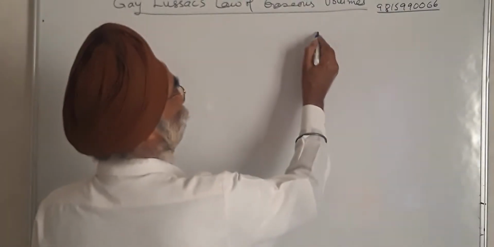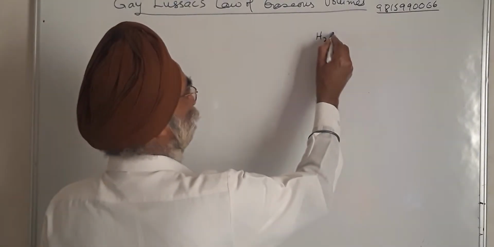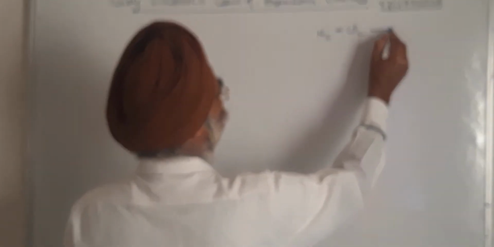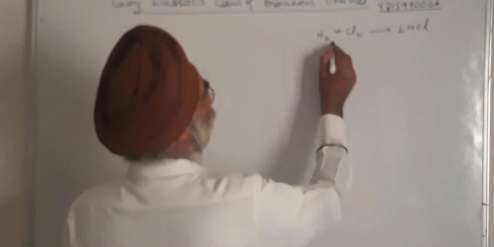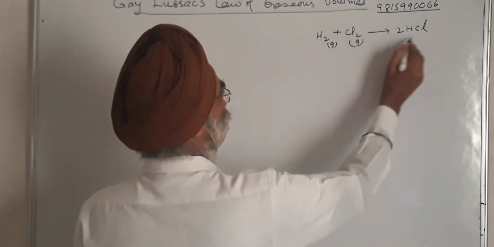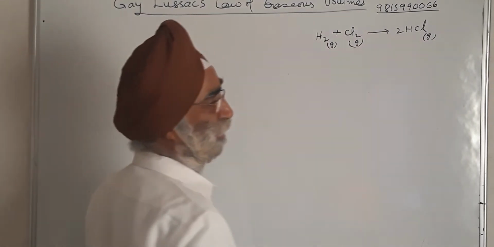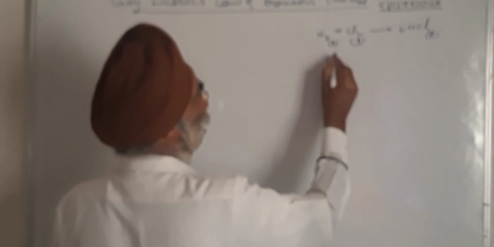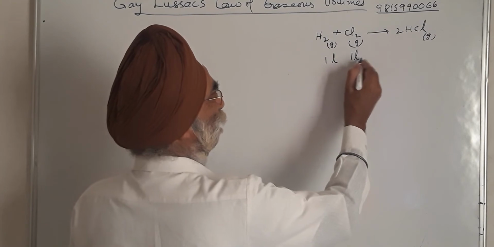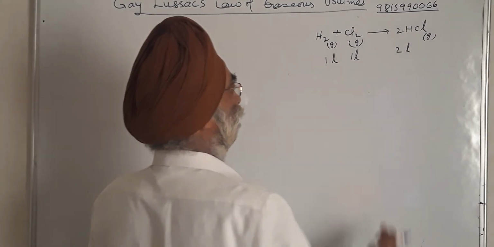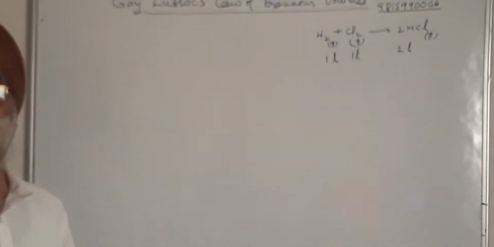We have hydrogen plus chlorine give rise to HCl. It is a balanced chemical equation. Hydrogen is a gas, chlorine is a gas, hydrogen chloride is a gas. This equation suggests if we have 1 liter of hydrogen, it will require 1 liter of chlorine and give us 2 liters of hydrogen chloride.